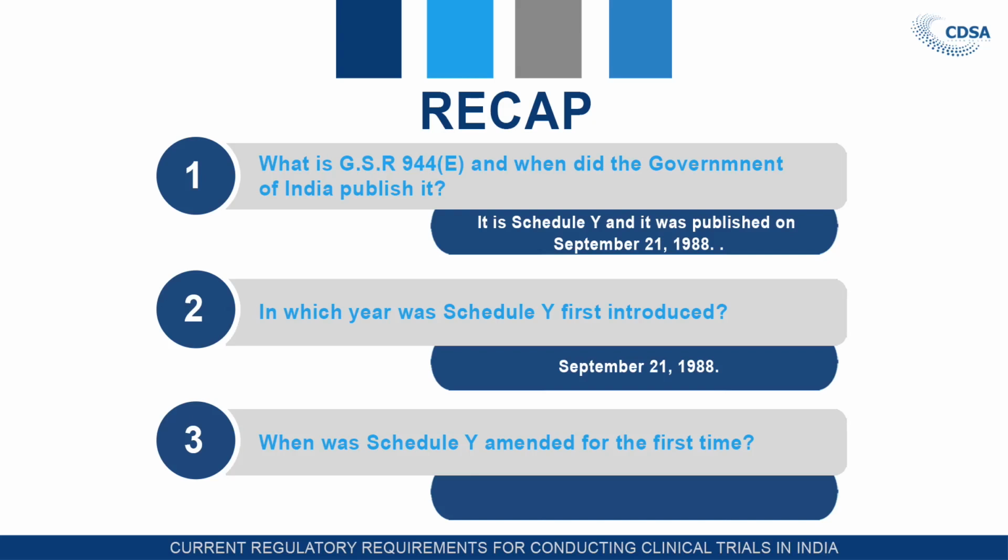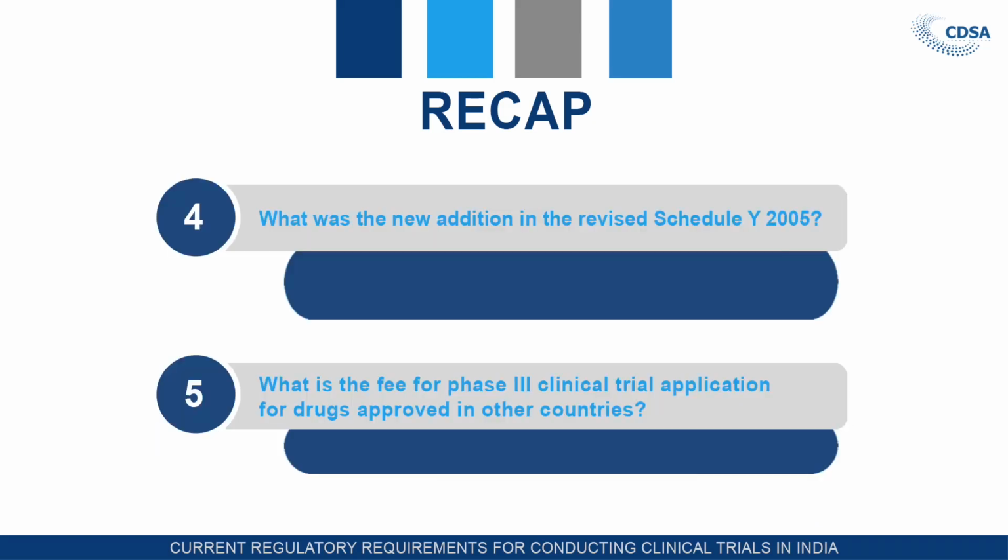Question 3. When was the amended version of schedule Y introduced for the first time? In the year 2005 it was amended for the first time. Question 4. What is the new addition in revised schedule Y 2005?